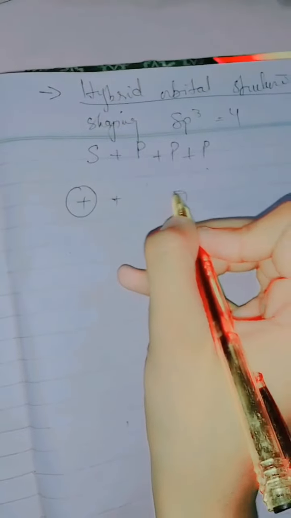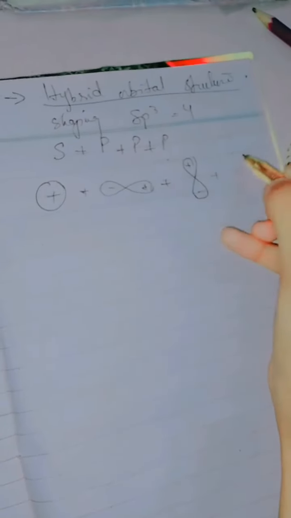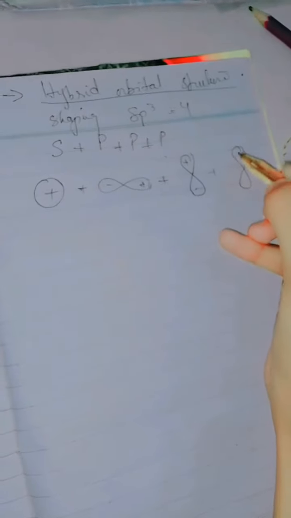Then p is horizontal, longitudinal, with a positive and a negative lobe, because we know in an orbital there is one clockwise direction and a second anti-clockwise direction. So that will be the shape of this. Second, py will be this. Then pz will be this.